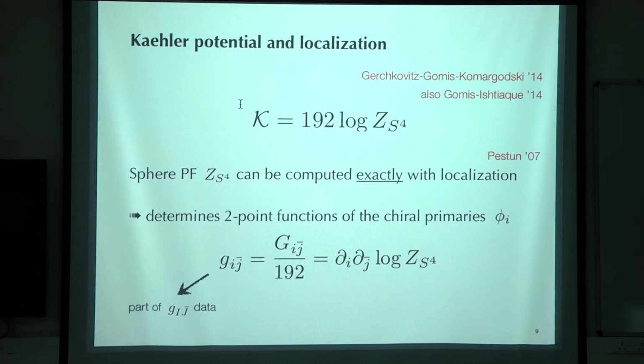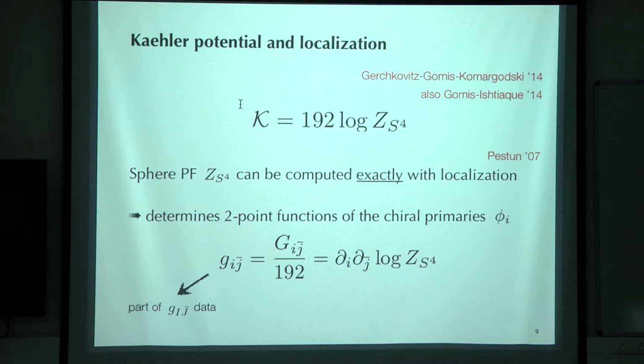Okay? So everything I will be computing here are quantities for the flat space theory, but this theorem states that this flat space quantity is directly related to the S^4 partition function. And for many theories, we know exactly how to compute that S^4 partition function. As we know from Pestun's work, the sphere partition function can be computed exactly using supersymmetric localization. So this will be one of the tools that I will be using to get exact answers.